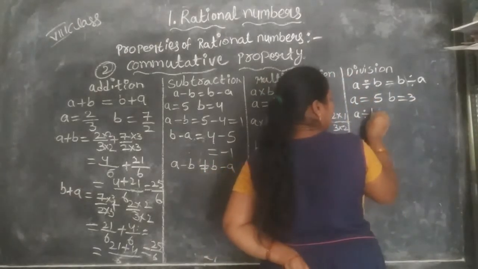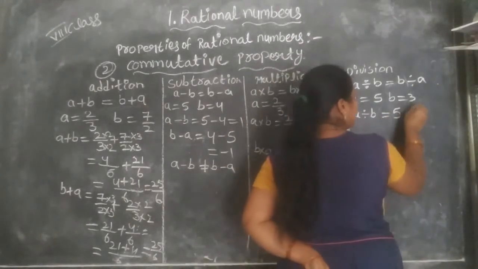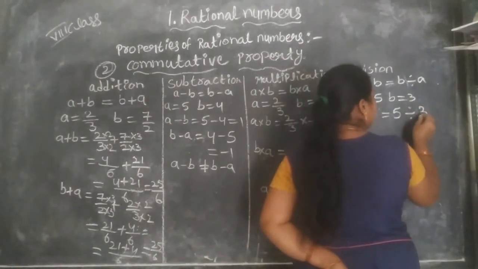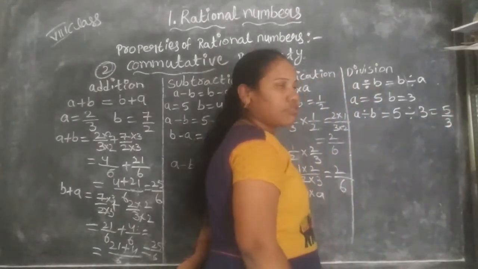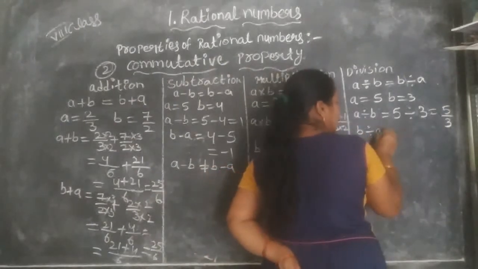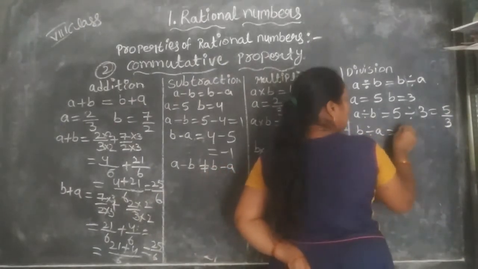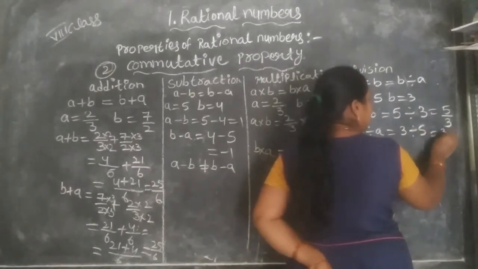A divided by B: A is 5 divided by 3, it means 5 by 3. And next, B divided by A: B is 3 divided by A which is 5, it means 3 by 5.